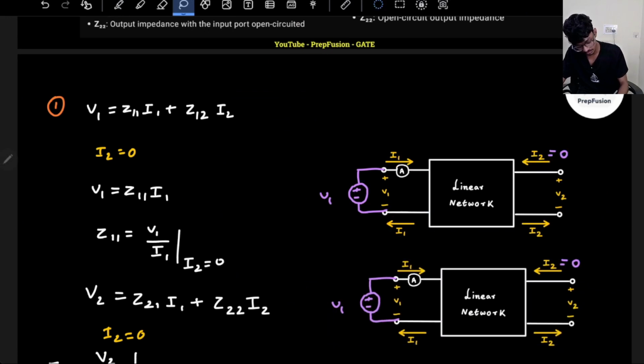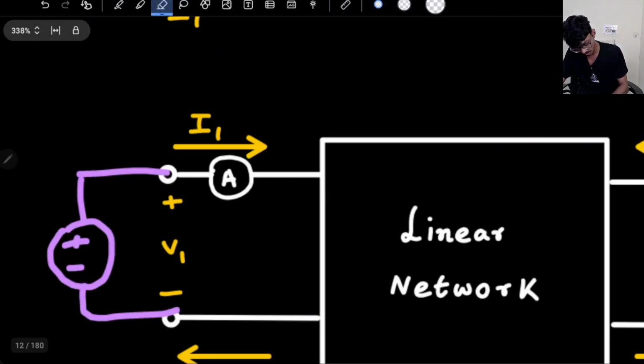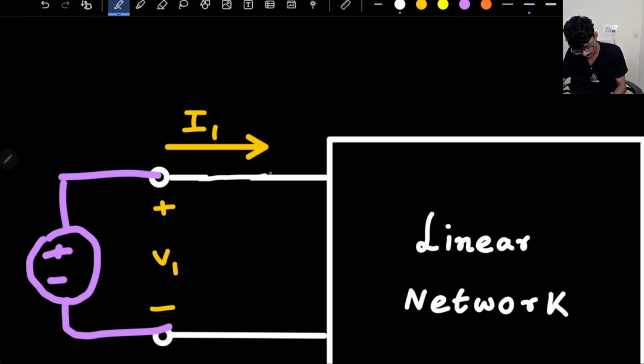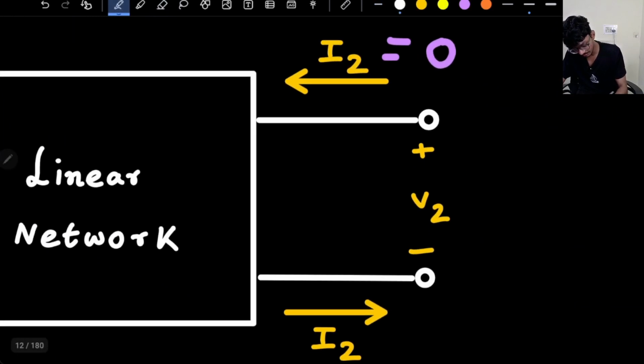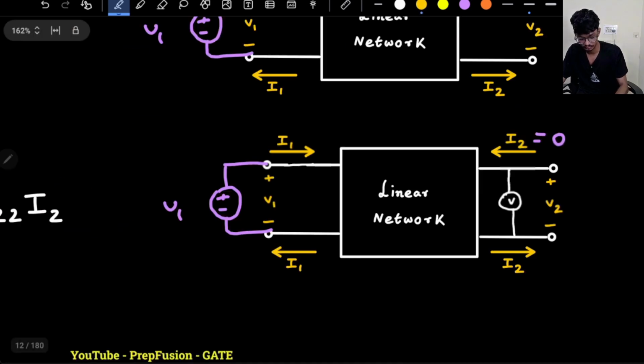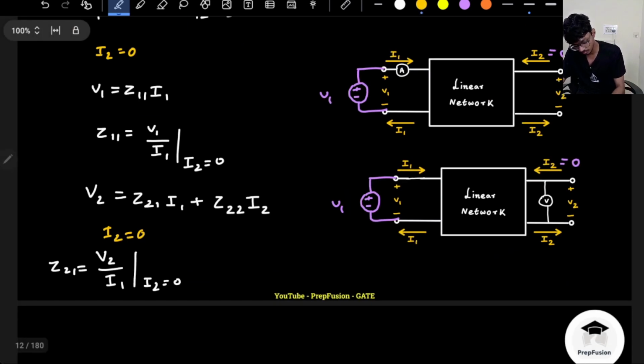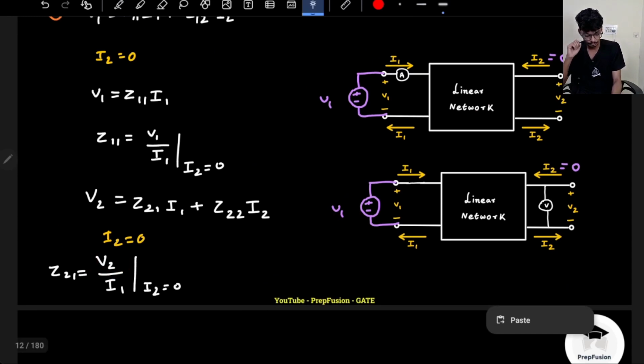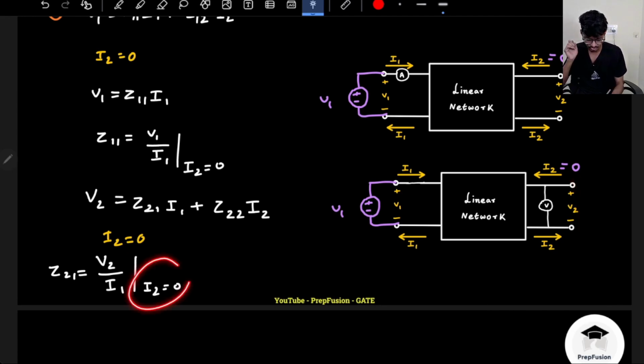The output port is still open circuited. This time I will connect a voltmeter, and I hope you remember that a voltmeter has infinite input impedance, so no current will flow through it. So I will measure the voltage at this measuring point. Of course I have given some input voltage, but again there is a condition: no load should be connected, so I2 has to be 0.